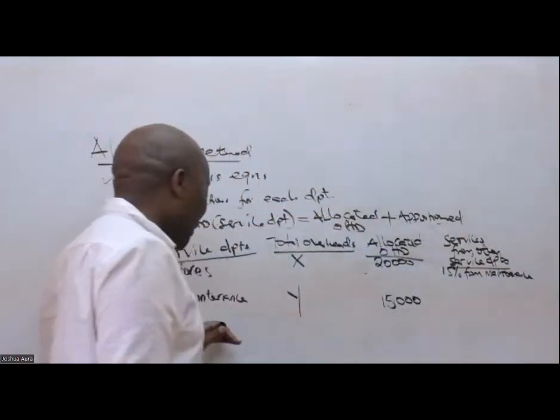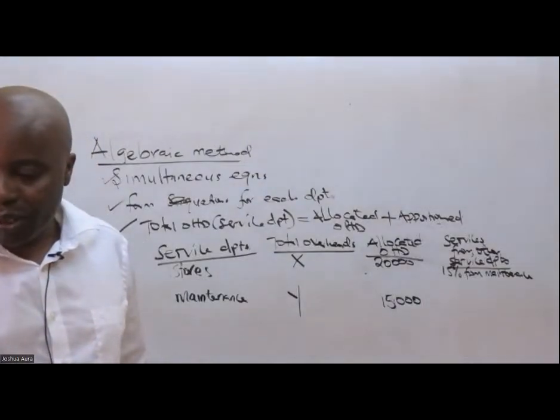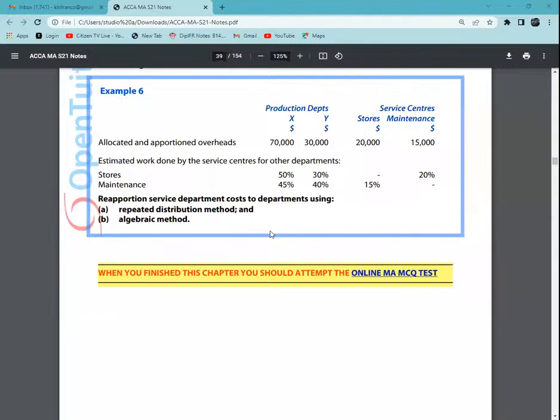How about the maintenance department? Somebody talk to me this afternoon. Maintenance department, in this case here, must have gotten something. You can see here the services being offered, the estimated work done by the service centers for other departments.